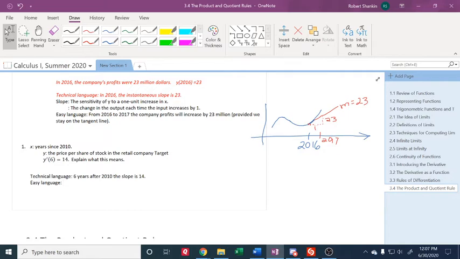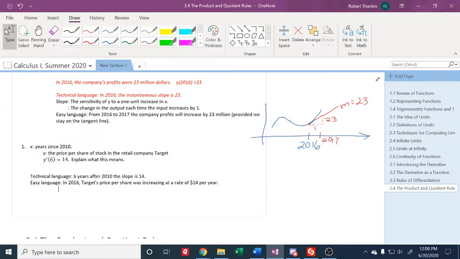In 2016, Target's price per share was increasing at a rate of $14 per year.